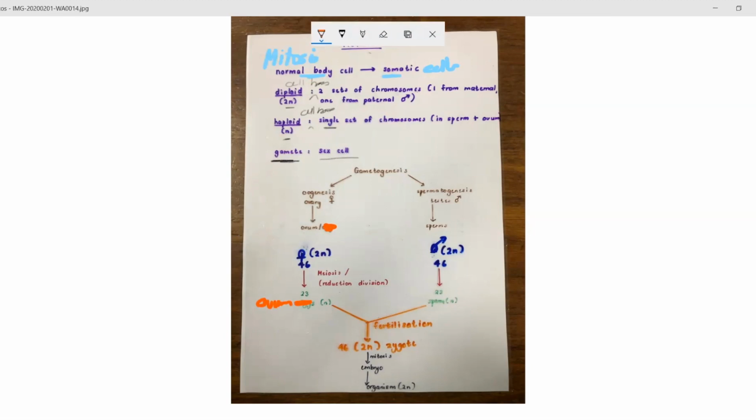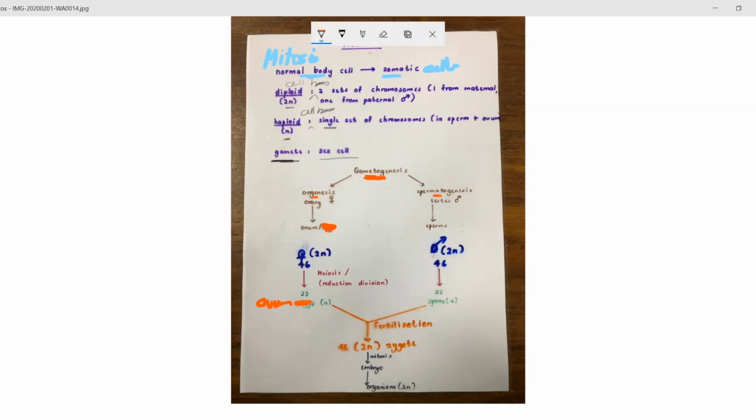So let's talk about the importance of meiosis. Meiosis is reduction division. Right, so before we talk about that, there's a process called gametogenesis. Gametogenesis is the production of gametes. When it takes place in the ovary, it's called oogenesis, and when it takes place in the testes, it's called spermatogenesis.